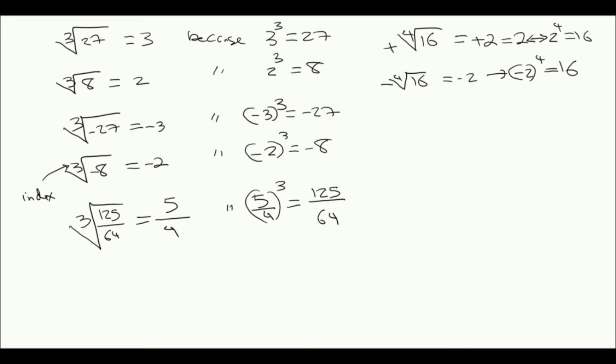So in the same way as with square roots, you're going to end up with 2 answers whenever the index is even and the number under the radical is positive. In the case of 0, like for example the 4th root of 0, of course you're only going to get one answer once again.